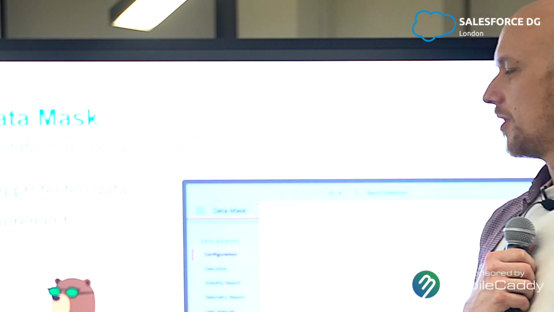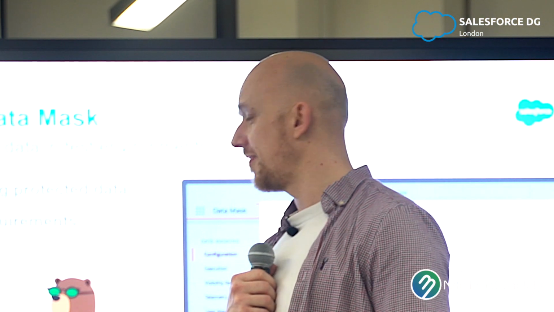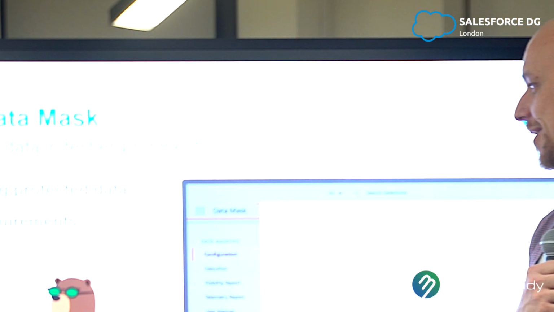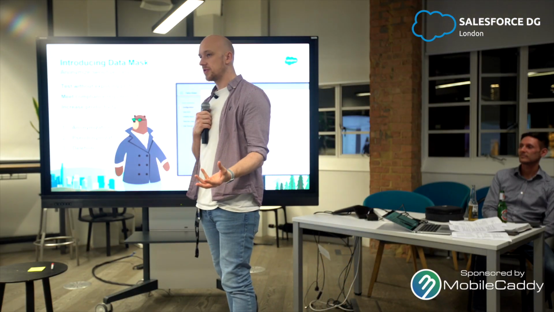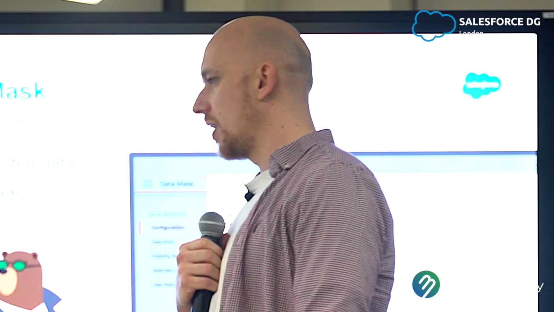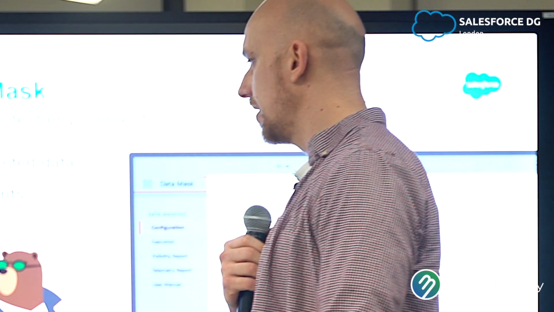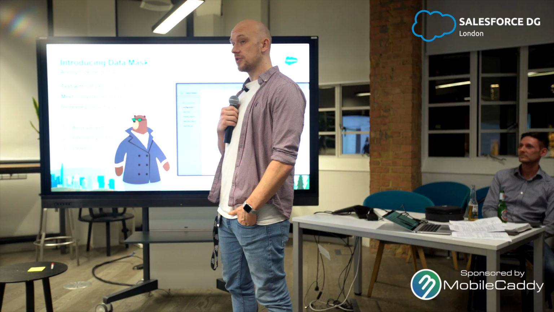I'm not 100% convinced this is a word, but pseudonymization, I don't know if I've even pronounced it correctly. That takes your data and replaces it with stuff that's sanitized, but still looks meaningful. So it replaces one first name with another first name, or city name with another city name. I'm not sure how rich and how sophisticated it is. But it's not just garbage, it replaces with something that looks actually meaningful.